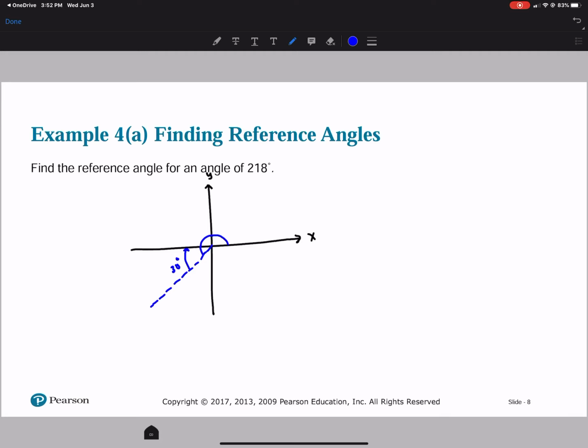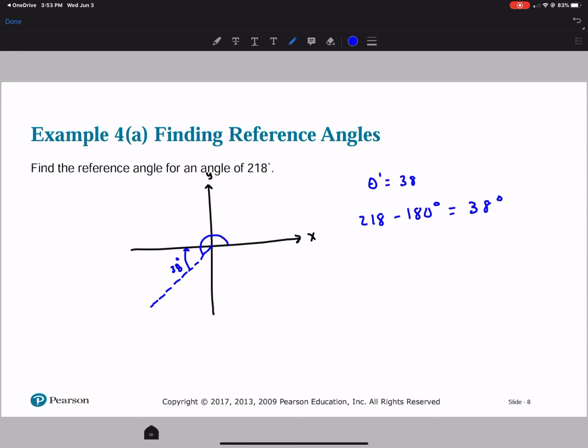So theta prime is equal to 38 degrees. It should be 38 degrees, because we have to go 38 more degrees to get to that spot. Because if we look, we got 218 minus 180 degrees, because remember, that's 180 degrees there, and that equals 38.